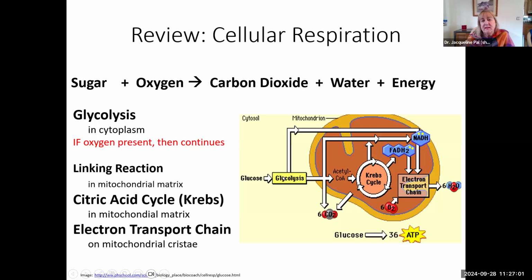If oxygen is present, then the product of glycolysis, the pyruvic acid, moves into the mitochondria. And in the matrix, we will have our linking reaction. At the end of the linking reaction, the acetyl-CoA will then enter the Krebs cycle.